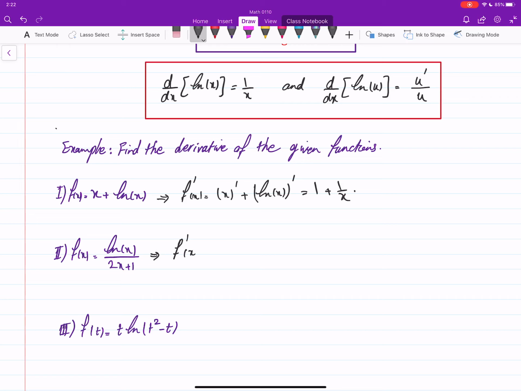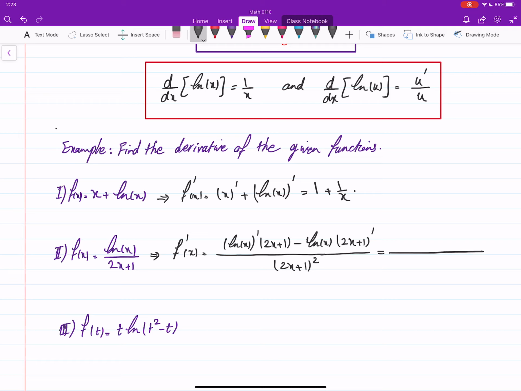Yes, f prime of x is going to be derivative of the numerator times the denominator minus the numerator itself times the derivative of the denominator over 2x plus 1 to the power 2.